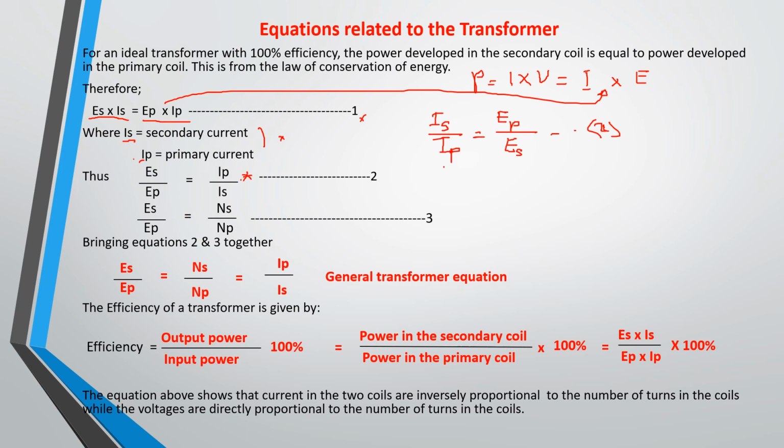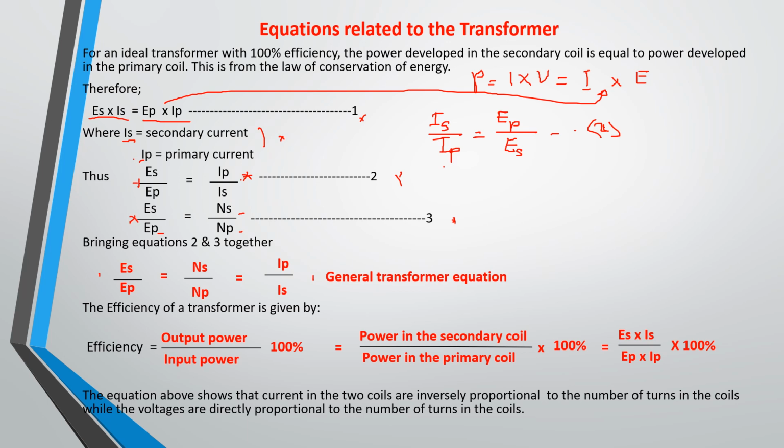Now remember that in the previous slide we said that the EMF in the secondary coil is equal to the number of turns in the secondary coil, and the EMF in the primary coil is equal to the number of turns in the primary coil. So you can actually relate equation 2 and 3. If you combine these two equations, you are going to have this as your overall equation: ES over EP is equal to NS over NP is equal to IP over IS.